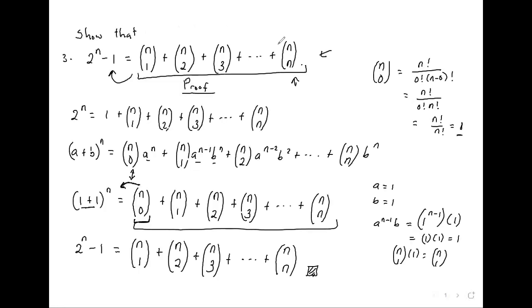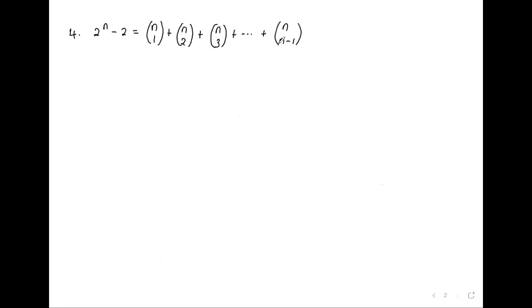After you have understood this one very well, you even memorize it, then you go in the exam, you find, show that 2 to the power n minus 2 is equal to that. Then you say, I've never seen.